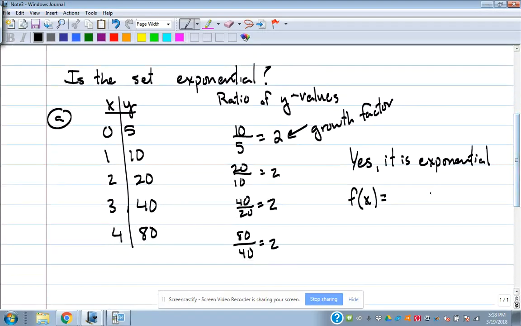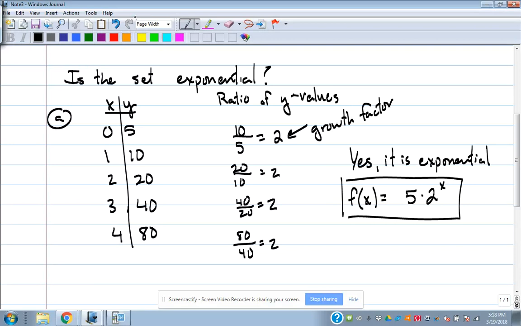So I know I have 2 to the X. What's C? It's what's happening when x is 0. What's happening when x is 0? 5. So we actually wrote the function for that. Not only did we find out it was exponential, we wrote the function based on that.